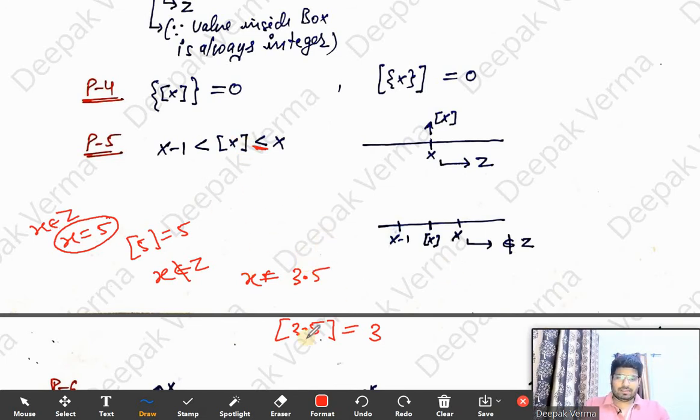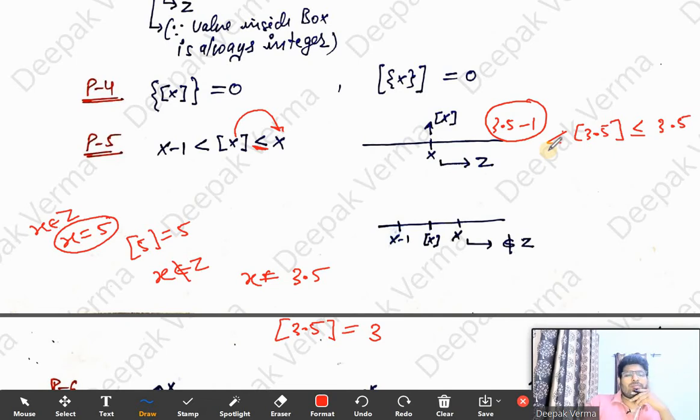Box x, so this value, box 3.5, is less than or equal to, the same x is written here, you can see. So this is less than or equal to 3.5, and this is greater than 3.5 minus 1.